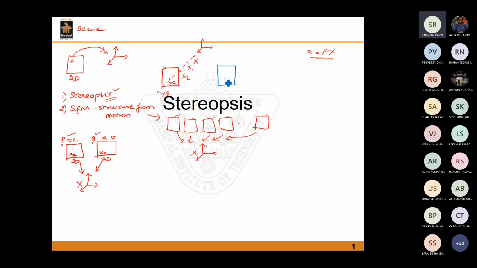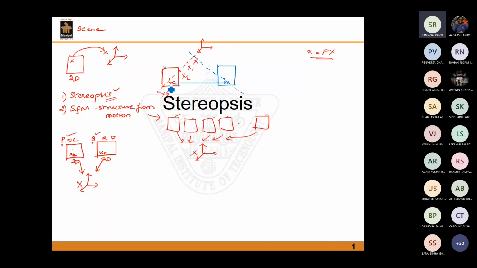Now, if I have a corresponding point, let me call it XR here, in this right image, then using the same pinhole camera projection model, the actual 3D point corresponding to this XR will also lie on this line.